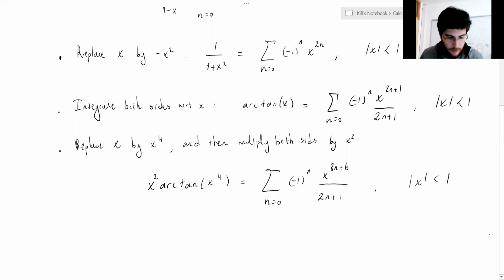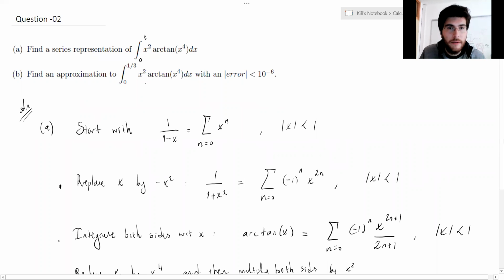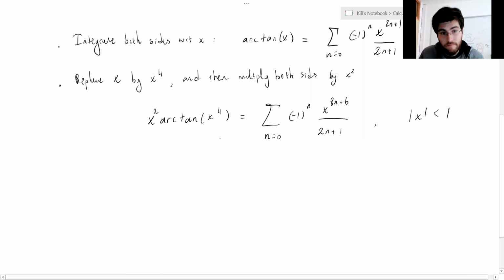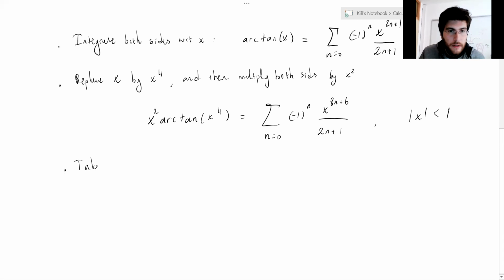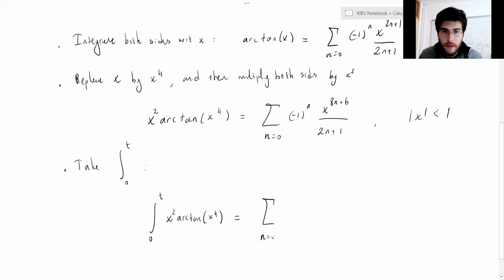We have the integrand, right? If you look carefully, we have the integrand, the expression inside the integral. But now we need to integrate. So let's take the definite integral. Let me write it that way. We have 0 to t, and now we have this integrand, arctangent x to the 4, and on the right-hand side, term by term integration. I skip the intermediate steps.